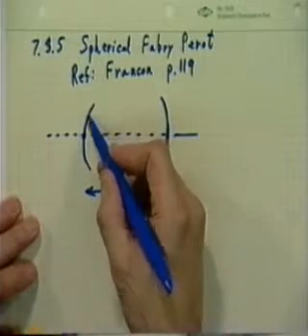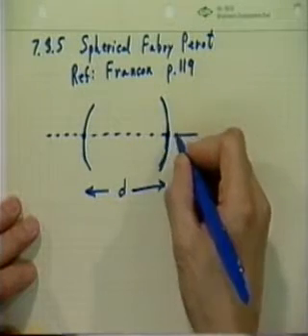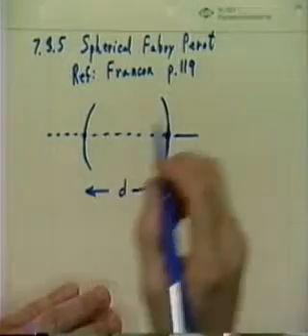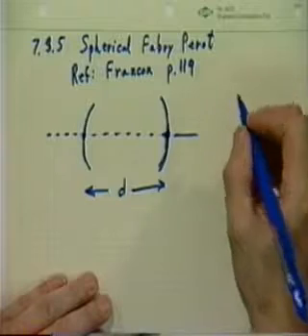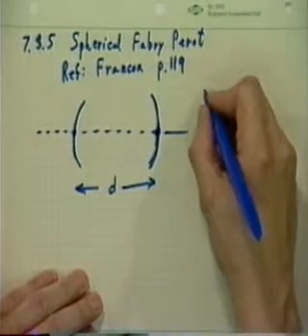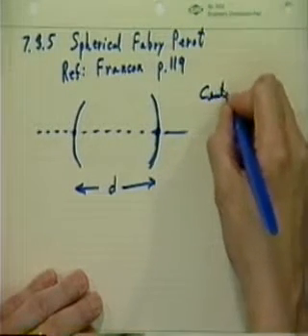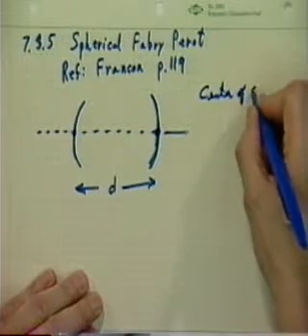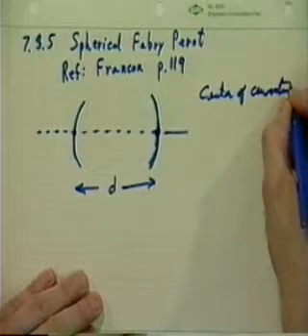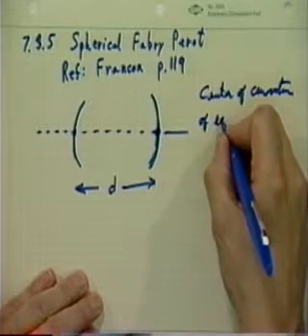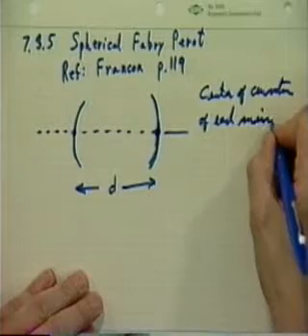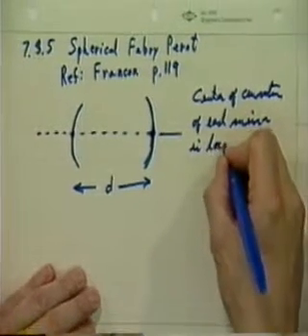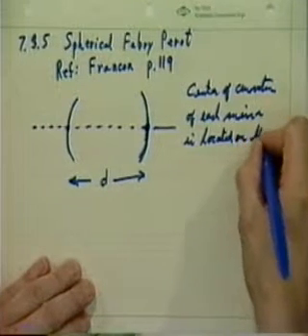And the center of curvature of this mirror falls on the mirror over there. So both these mirrors have the same center of curvature. Both of them have the same radius of curvature, and the center of curvature of each mirror is located on the opposite mirror.